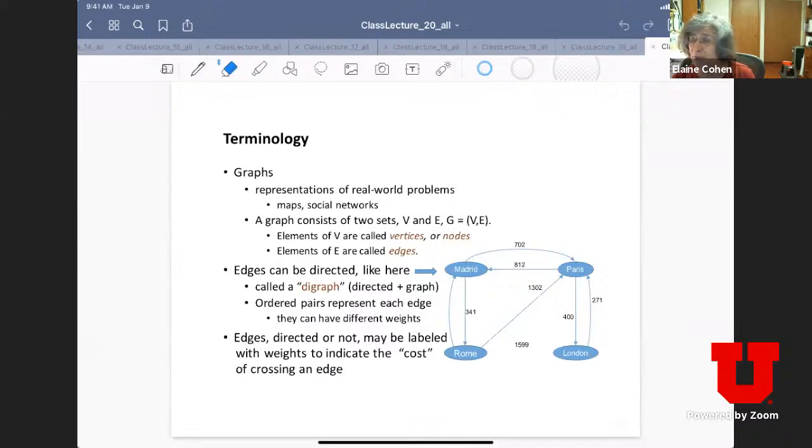And it might be more expensive to go nonstop, either direction I'm talking about. So that might be where you have two different cost functions. Notice you can have more than one edge between two nodes, and you can have zero edges between two nodes.